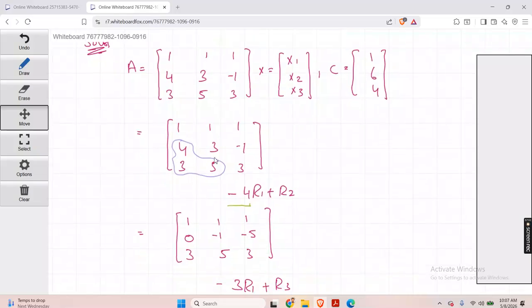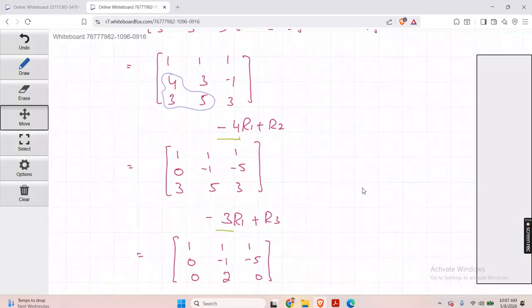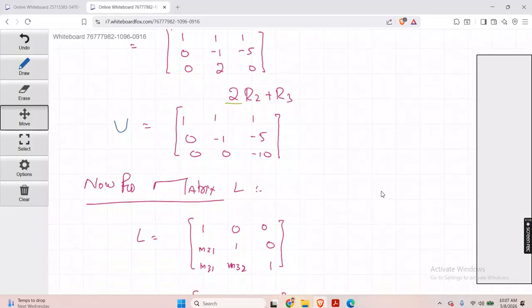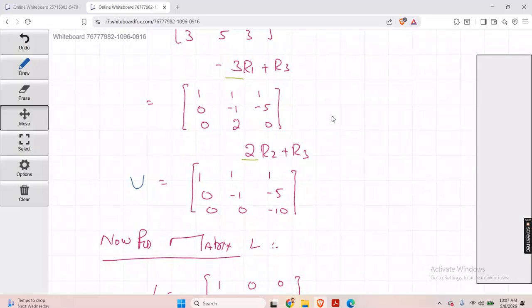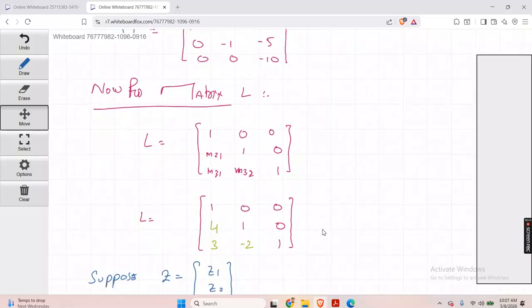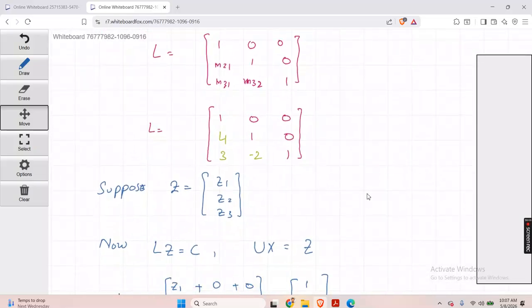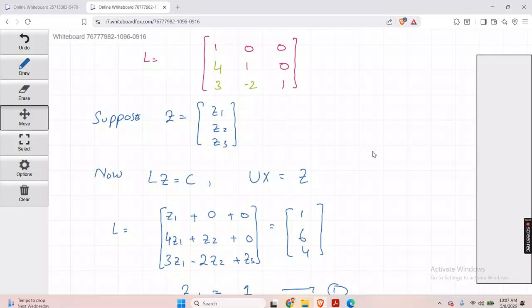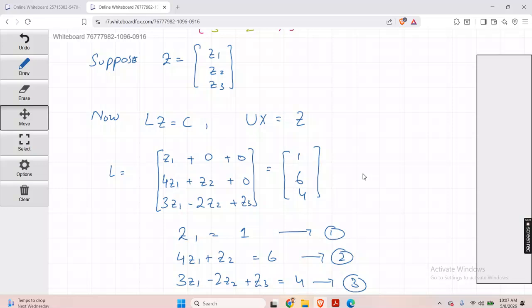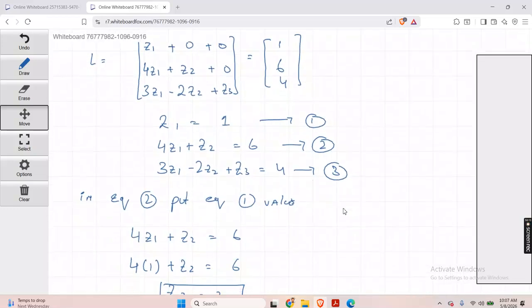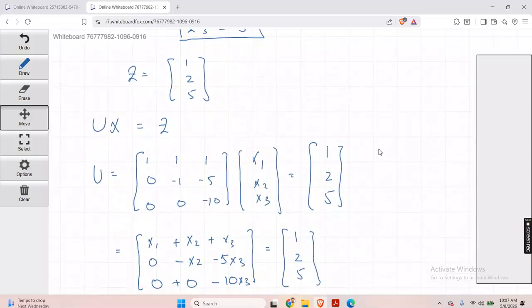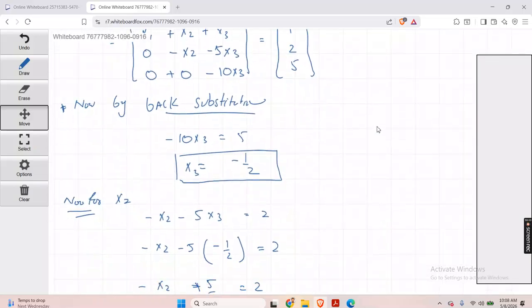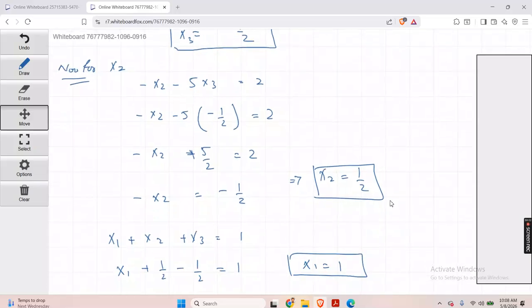So you have to make this by the row elimination method. And these are the values of these row eliminations which you apply your operations. Just change the sign, you will get the lower triangular matrix. And then you have to suppose one matrix which is Z or Y to make this matrix complete. Put it in the equation, solve the formulas, put the values, and you will get the x1, x2, x3 or xyz values.